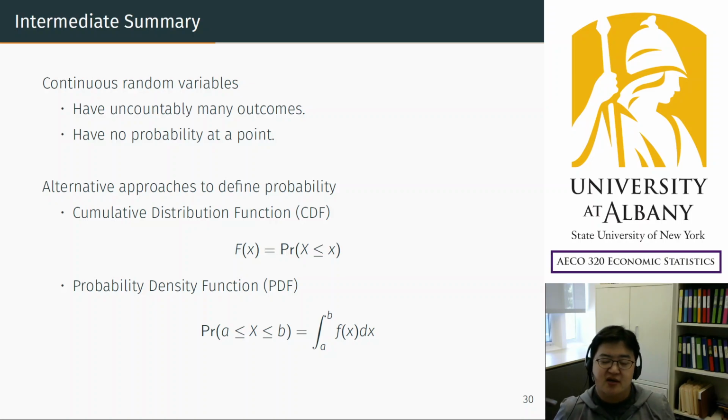The PDF gives you a nice graph like a bell curve, but the problem is that integration is not easy. Actually calculating area is not easy in many cases. So these two approaches have their own problems and merits, but I may use both of them from time to time.